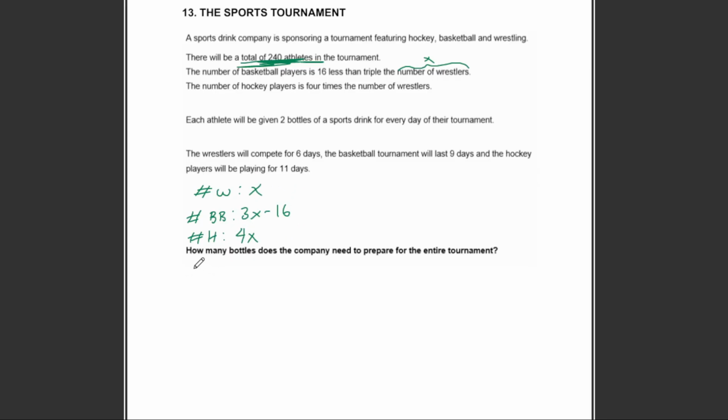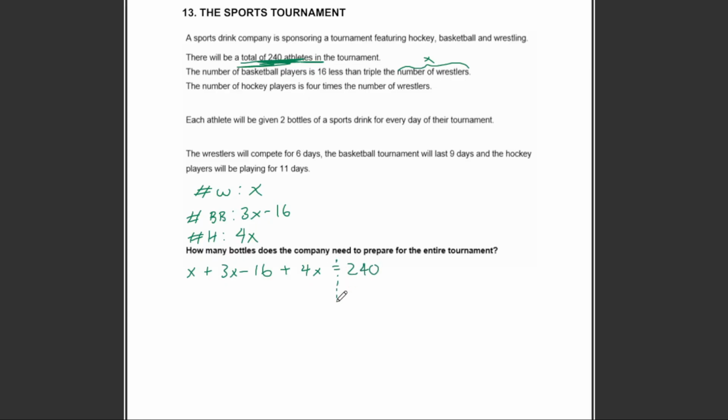I take the number of wrestlers, which is X. I take the number of basketball players, 3X minus 16. I take the number of hockey players, 4X. I add them all up together, and that's going to equal 240. Doesn't matter if I don't know what X is. I just add those things that I've written here.